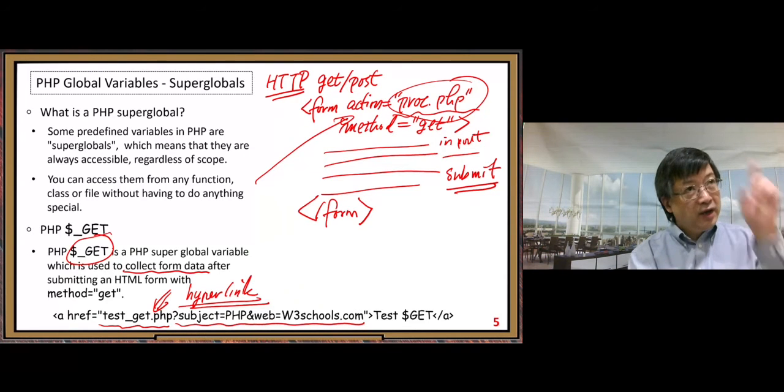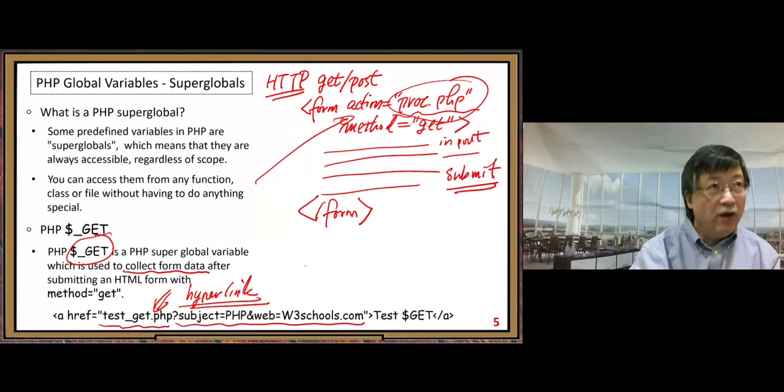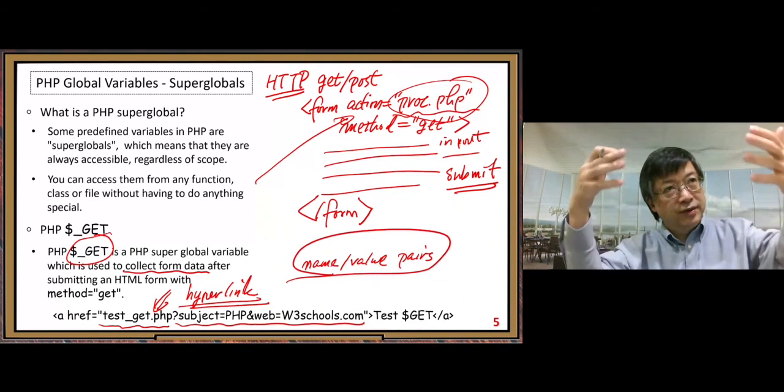When we send parameters to the server, we use name-value pairs.